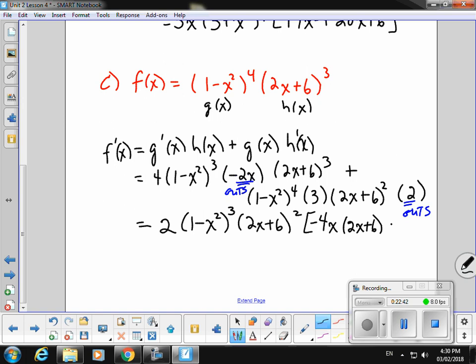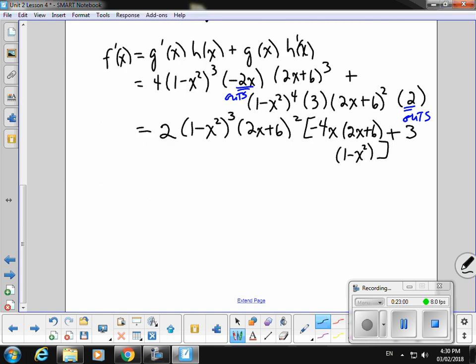Second half, I need a 3. I have 3 of the 4 1 minus x squareds, so I need one more. I have the 2x plus 6's taken care of. I'm done. Okay, almost. I have a square bracket that just could use a little tidy up.